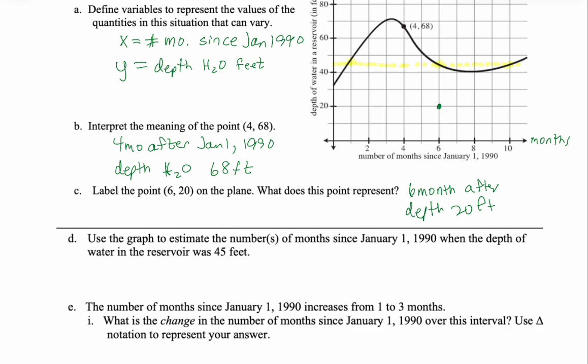Can somebody tell me one of the values where we see that, one of the months? So I see 6 months, yes. 1 month and one more. 10 months. Okay.